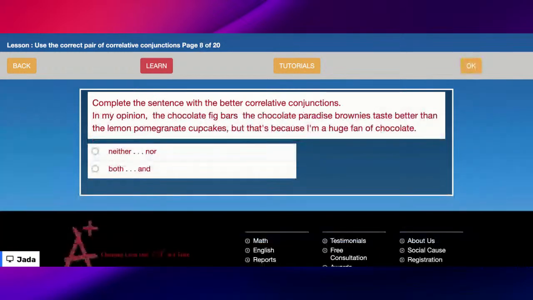In my opinion, both the chocolate fig bars and the chocolate paradise brownies taste better than the lemon pomegranate cupcakes. But that is because I'm a huge fan of chocolate. So is it neither nor or both and? What's the most suitable answer here? Neither nor or both and?